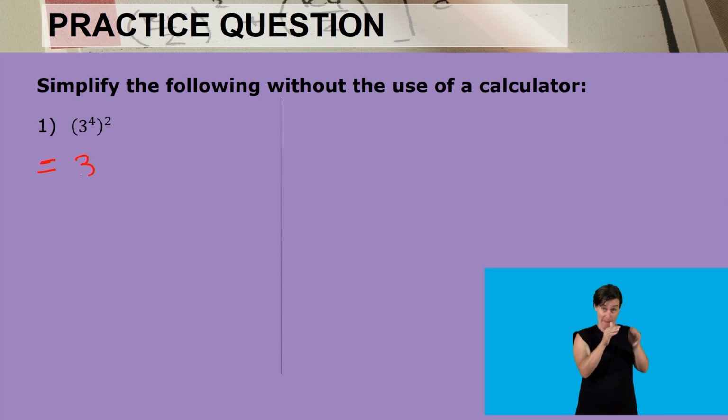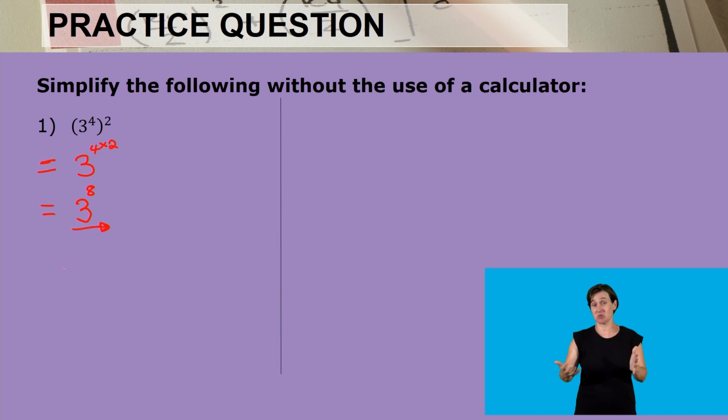So we will have a base 3, then that exponent 4 multiplied by that 2, and that is going to give us 3 exponent 8.